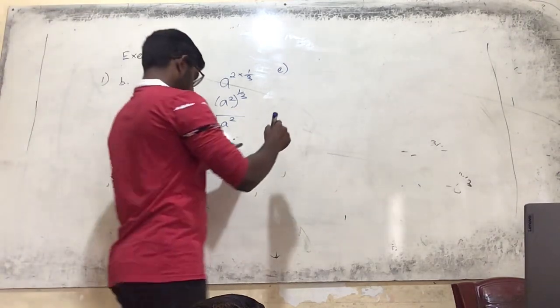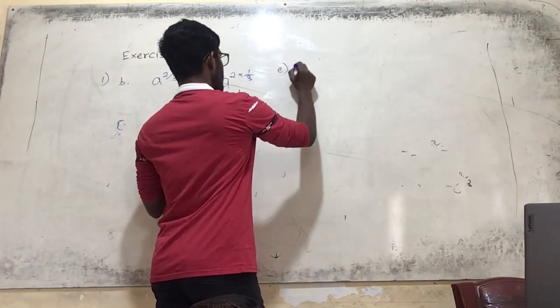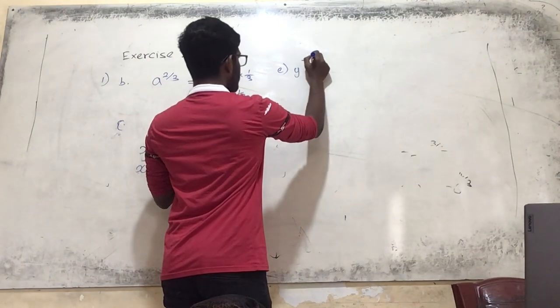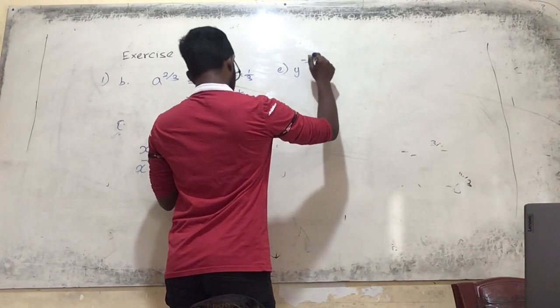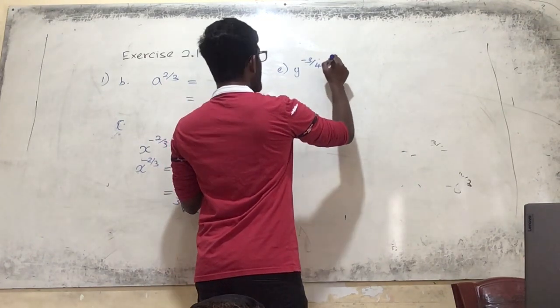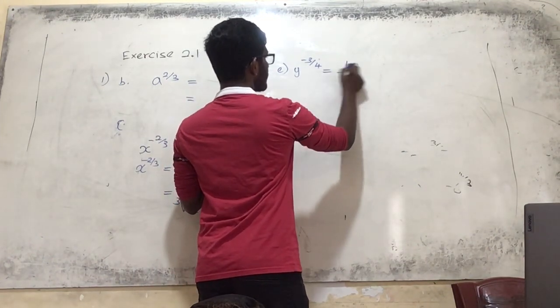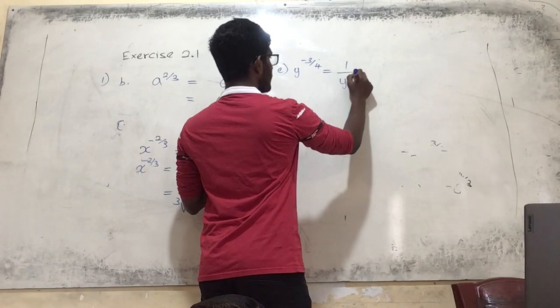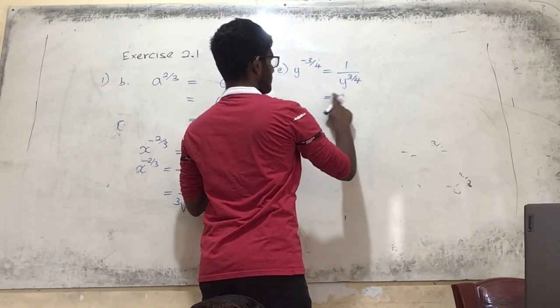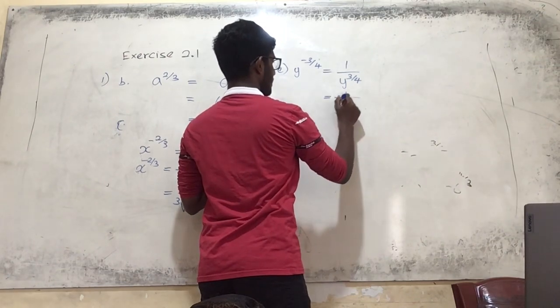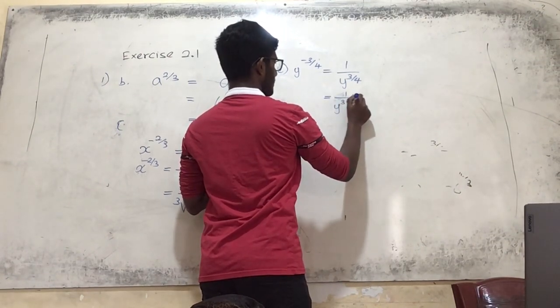So here, y to the power minus 3 over 4. I'll be doing that additional step for you to understand it.